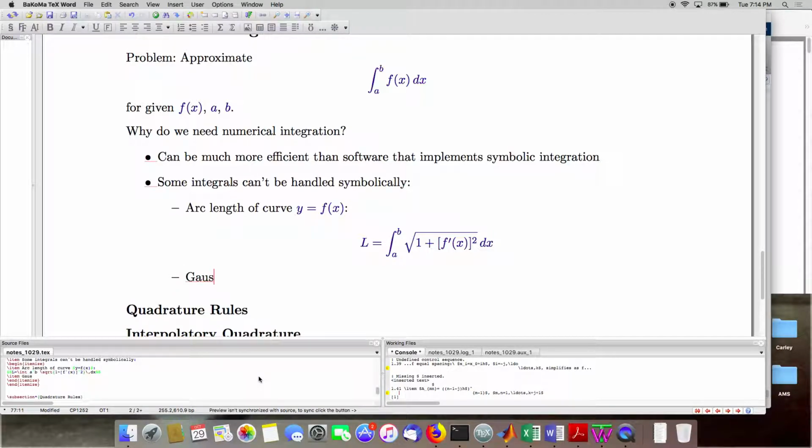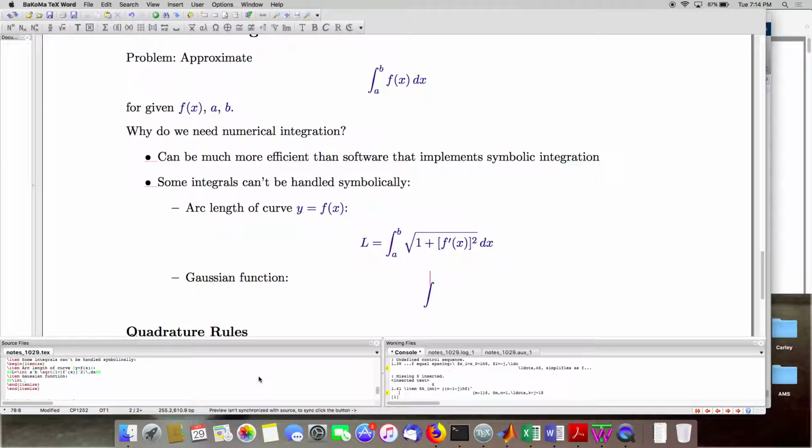Also, a Gaussian function, so an integral of a function of this form. Okay. Can anyone tell me where else in mathematics this kind of function pops up? Where might you have seen this in another class?